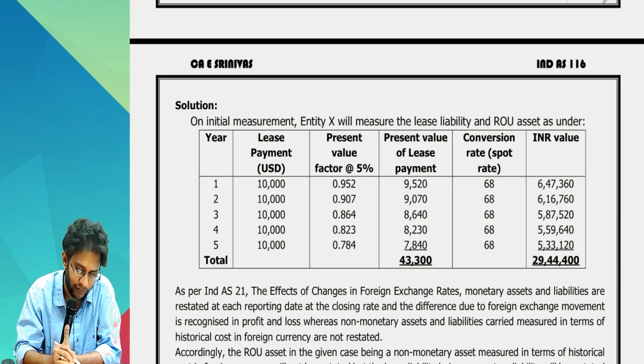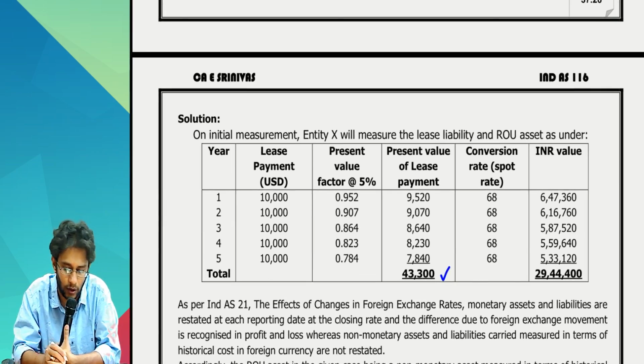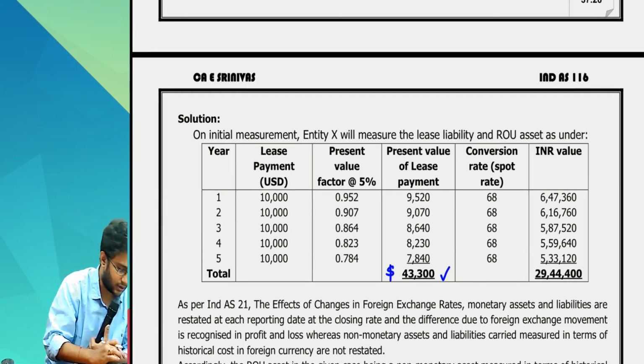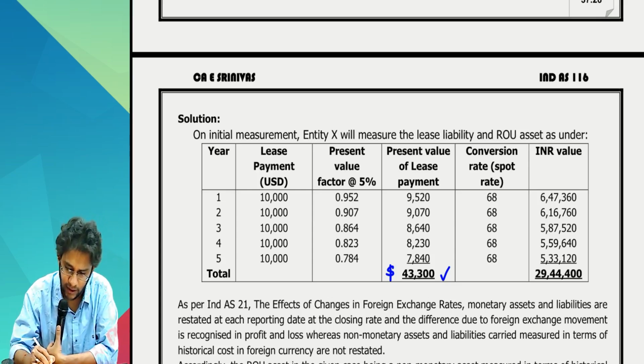The present value of the 10,000 you have to pay over a period of 5 years as on today is $43,300. Now $43,300 into the spot exchange rate, 68, when you multiply with that, you will get 29,44,400.